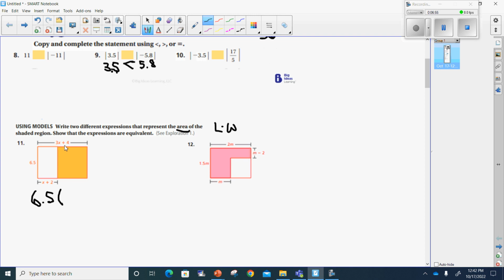This could be 3x plus 4 minus x plus 2. 3x plus 4, and then we're going to put minus, let's see here. And we'd have to do all this first, so I'll have to put a bracket here. Minus x plus 2.